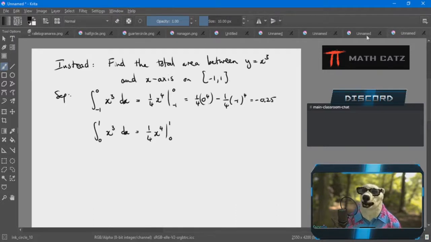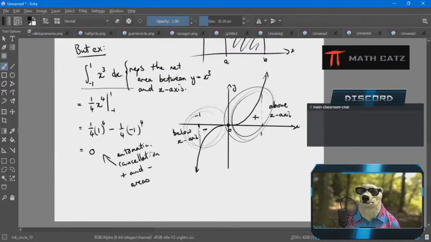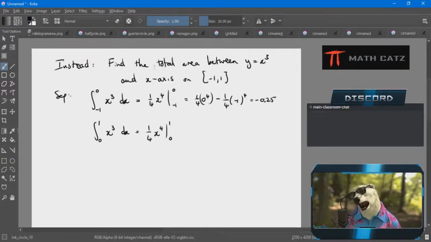The negative, because I know what the graph looks like, makes sense. That simply means the position of the area. It doesn't change the size of that little wedge type shape. The negative just indicates the position. And if I now want to calculate the total area, I need to separate position from actual size.